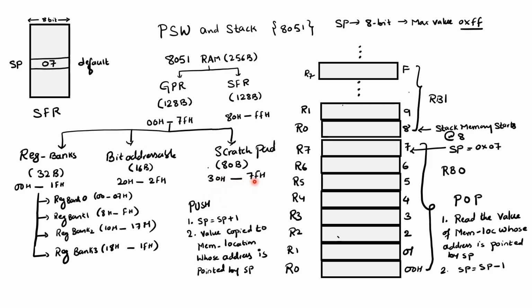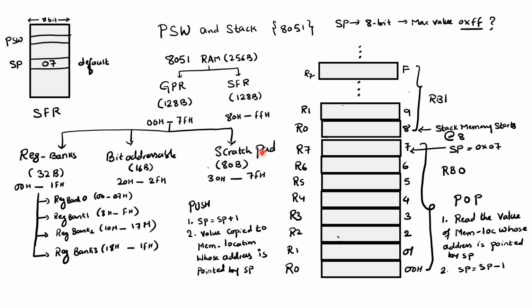The best approach is to use the default, where the stack pointer points at 7, the stack starts at 8, and from 8 to 1F it can be used as stack memory. And we have 8 registers, 16 bytes of bit addressable and the scratchpad. This is the way to make use of the stack memory along with the registers, bit addressable area and scratchpad.